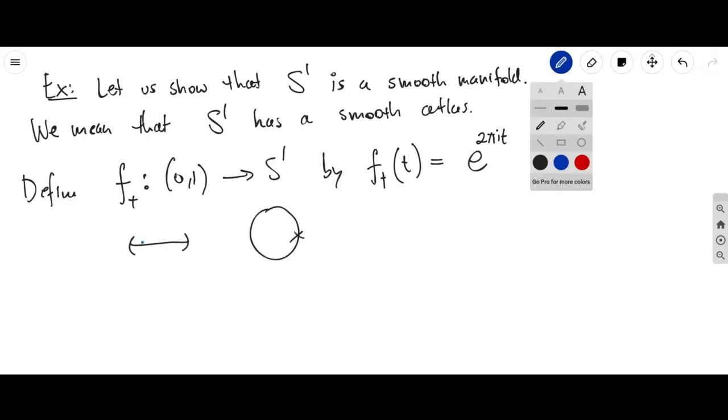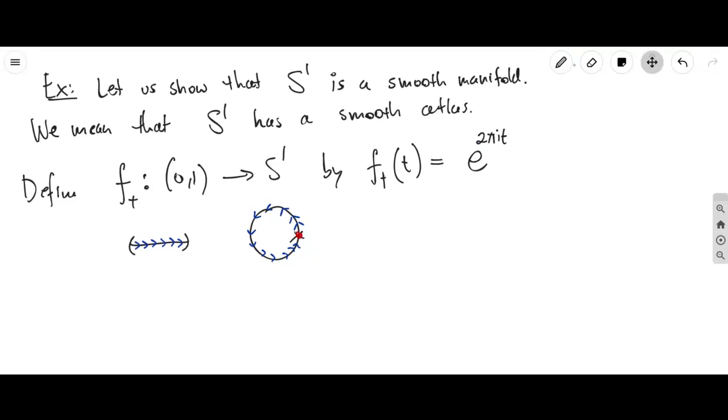As you trace the interval from 0 to 1 around the circle, it will go counterclockwise, and it will miss that point. This is going to be the missing point.